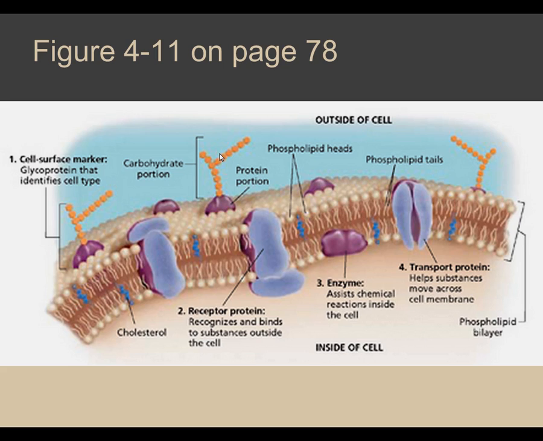And one of the ways that it knows are these receptor proteins. As that paramecium bumps into the amoeba, perhaps its carbohydrate tags or something else on the surface of the paramecium triggers this receptor protein. And what happens here is it is like a trigger.